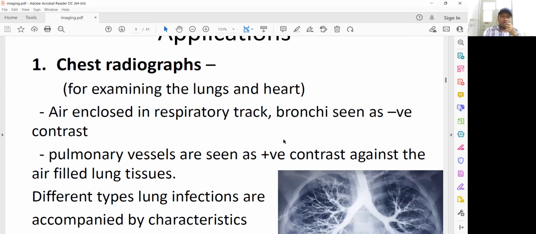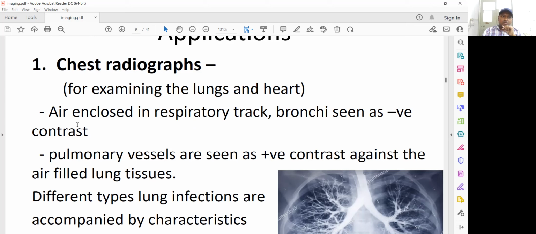heart or lung. Okay, so for chest radiograph, we will use some technique: the air enclosed in the respiratory tract, obviously, and bronchi will be seen as negative contrast. Okay, so air is the negative contrast, and the pulmonary vessels which contain the blood will be seen as positive contrast against the air filled lung tissues.